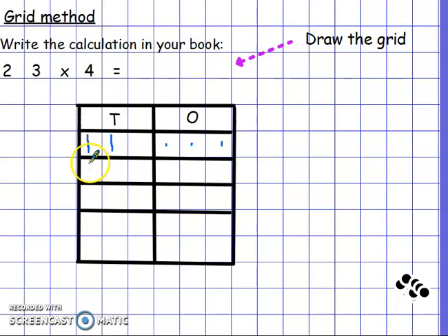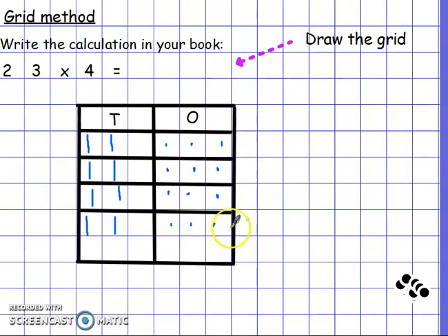I'm going to do that 4 times. 2 lots of 23. 3 lots of 23. 4 lots of 23. Draw your method just like mine. Well done. Let's have a look at our place value grid.